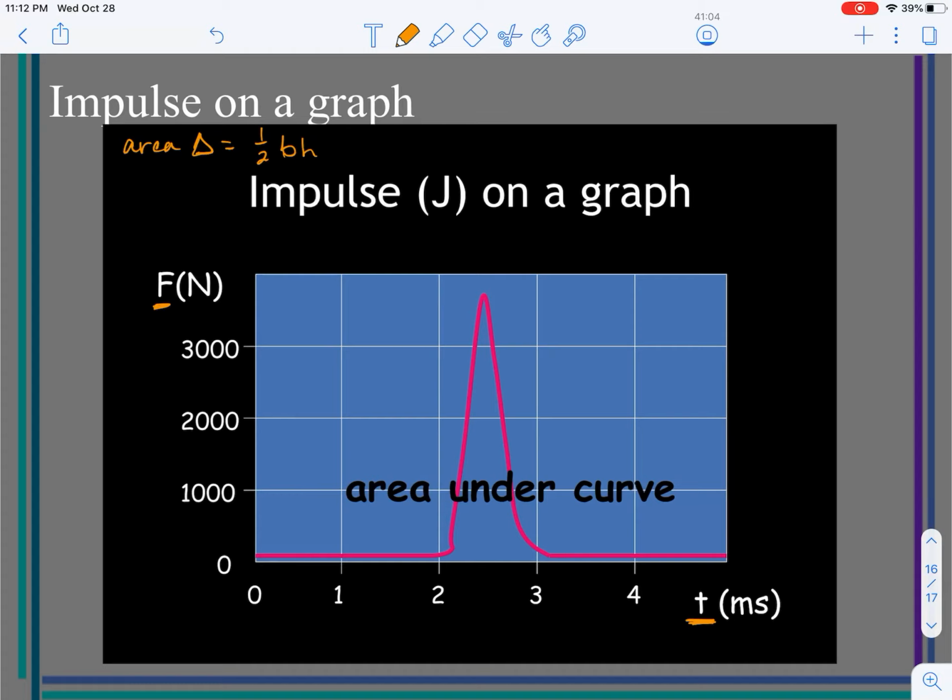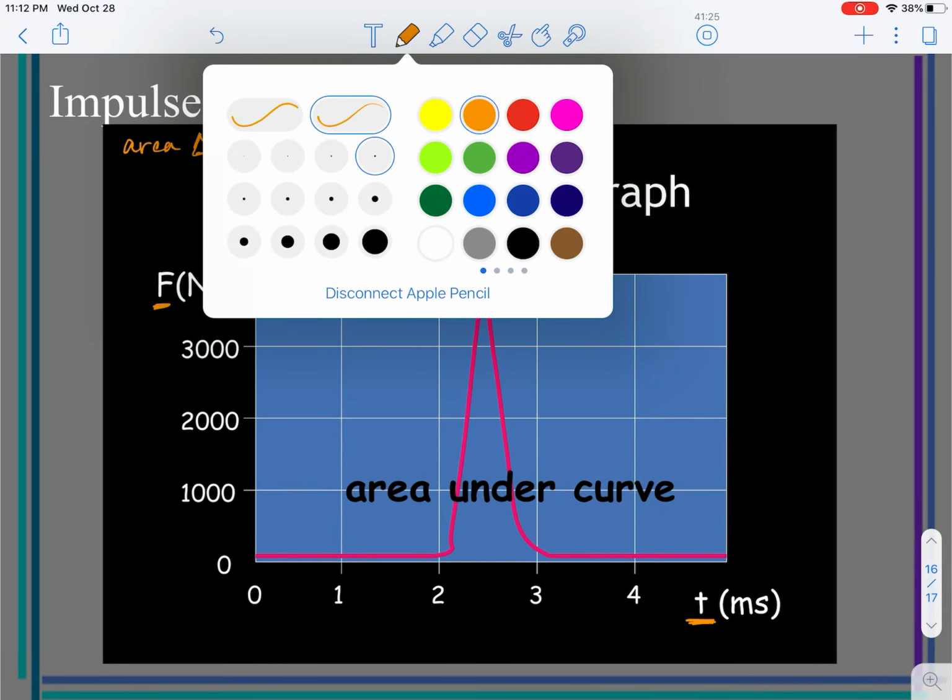My height, or the y-axis, is going to be the variable of force. So if I were to rewrite this, base is time, height is force, force times time is my impulse. Now it's 1/2 base times height because the shape is a triangle, okay?